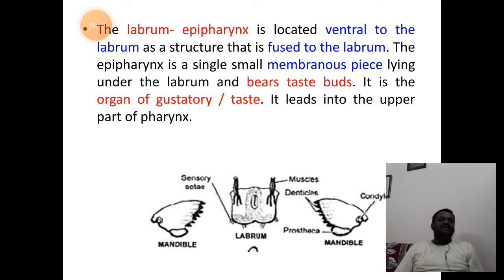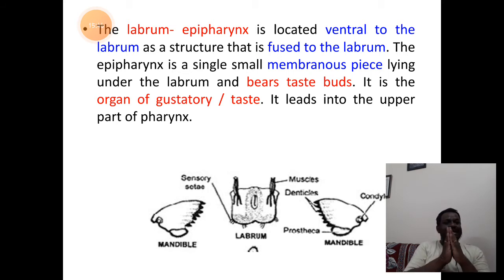Now, the second part related to it is labrum epipharynx. This structure of epipharynx is present just at the back of the labrum itself. When you turn the labrum back, you find a structure called labrum epipharynx. Here in the picture it is not shown. Ventral to the labrum is the epipharynx, which is fused with the labrum.